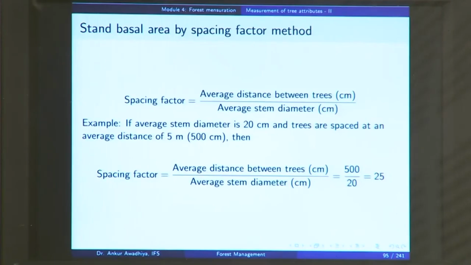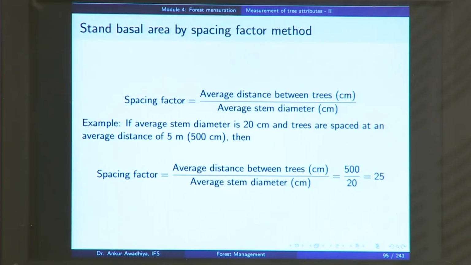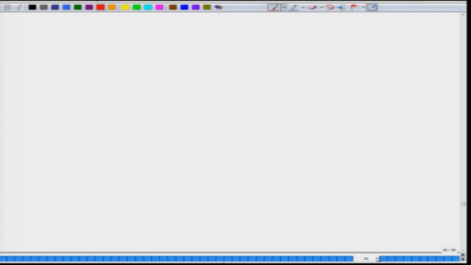Now, another way to find out the stand basal area is using the spacing factor method. As we saw before, if you have trees of a larger diameter, then crowding comes up even when you have fewer trees.